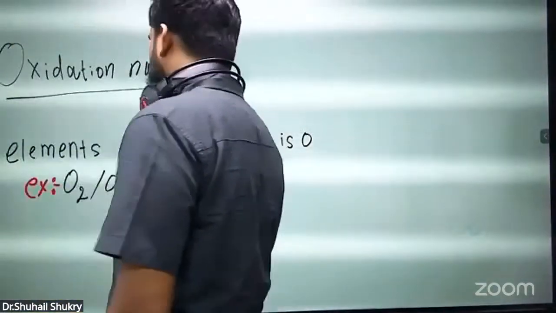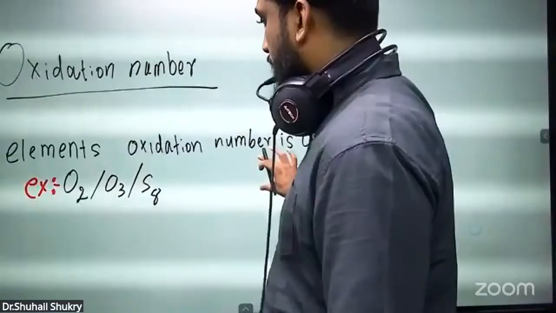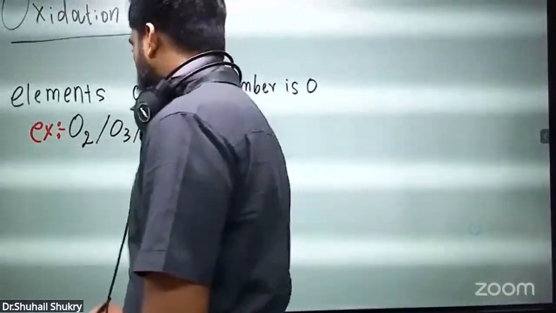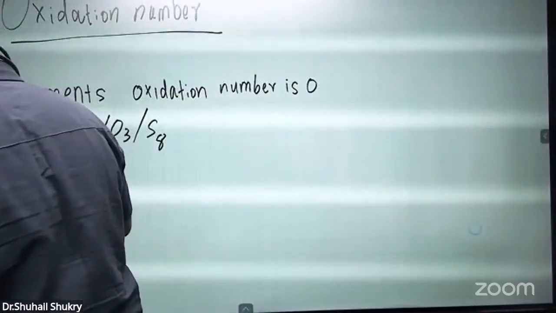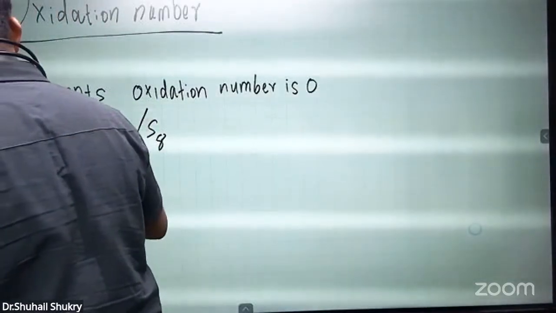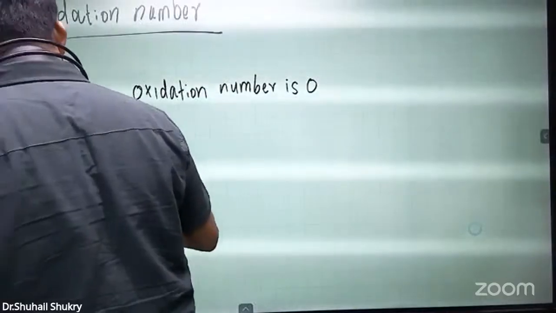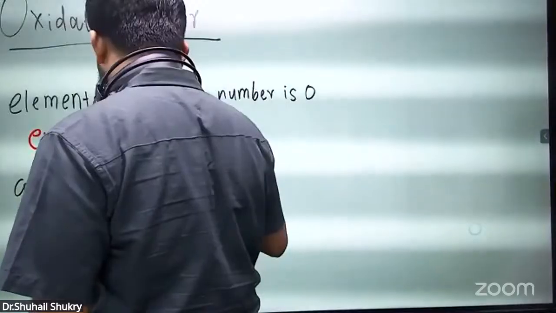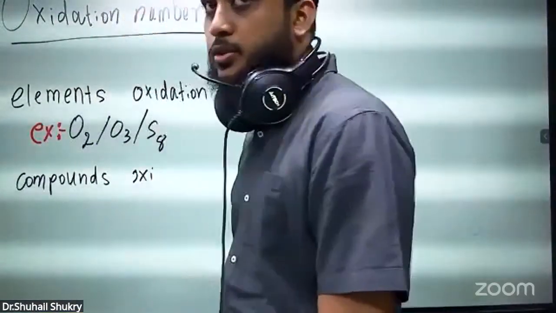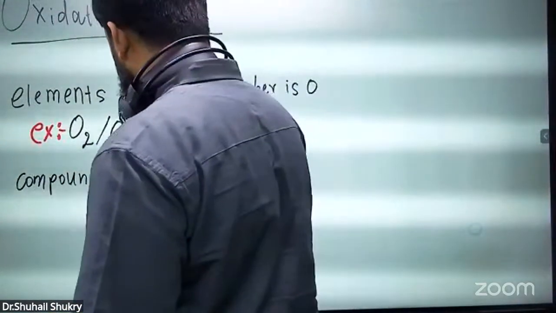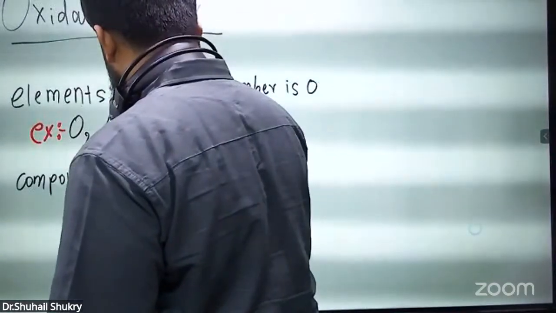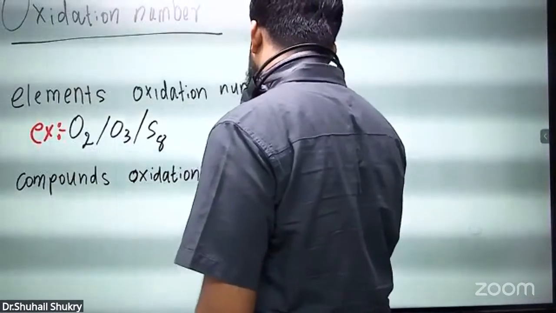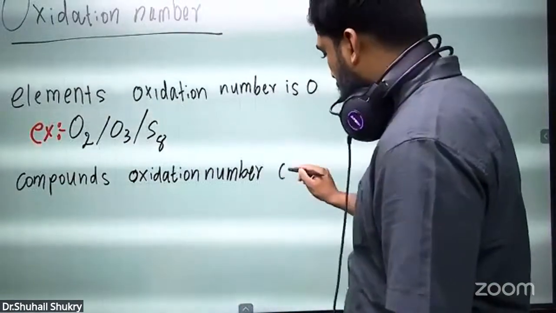The second thing you should know is the oxidation number of compounds. What is a compound's oxidation number? A compound's oxidation number is also 0.